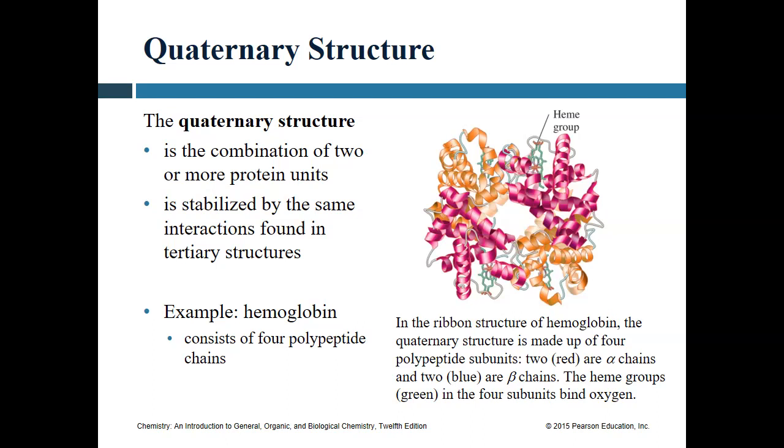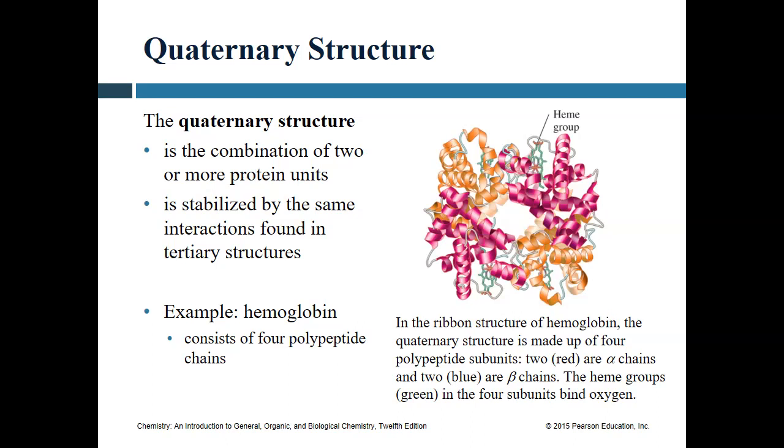Now, they are linked together by those same kinds of interactions. Hydrophobic interactions, hydrophilic interactions, disulfide bonds, salt bridges, whatever. But we can see in this quaternary structure that we are bringing together specifically, this is hemoglobin.